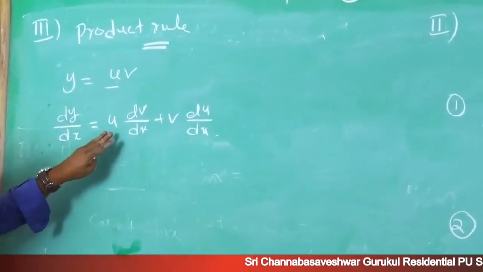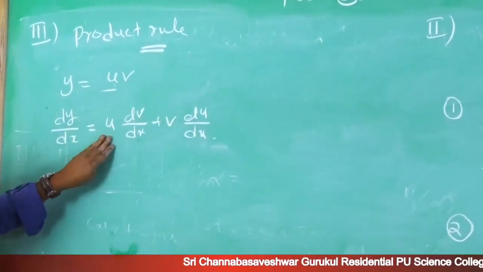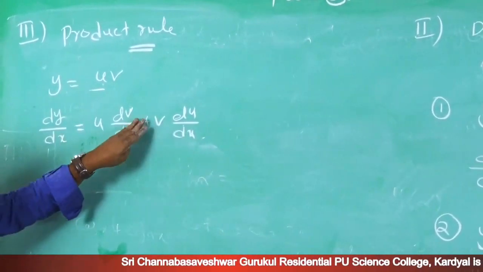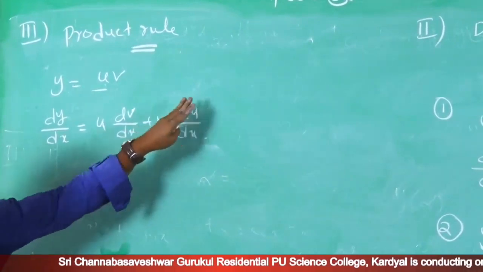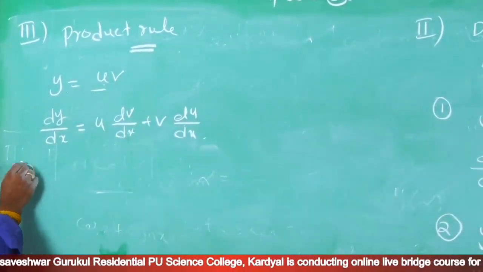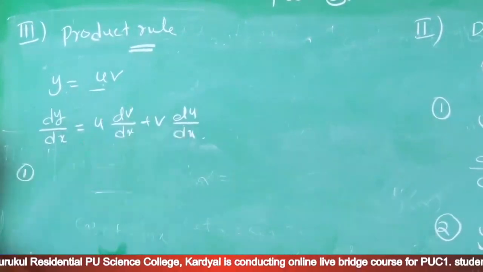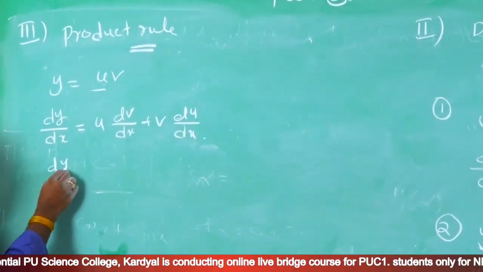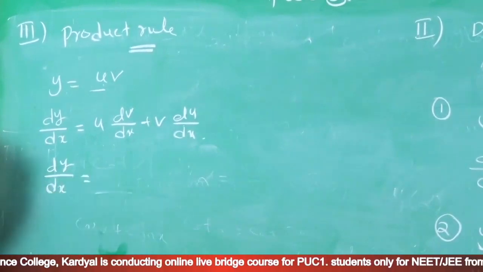So dy by dx equals u into dv by dx, meaning first function as it is, differentiation of the second function, plus second function as it is, differentiation of the first function. I will give some simple example problems. First, suppose the product of more than two functions is there, how do we do it?